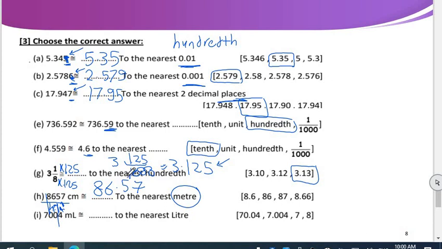So we ask 5 in tenth. 5, you are strong or you are weak? I am a strong number. So we add 1, 2 units. 86 becomes what? Super, 87. To the nearest meter, to the nearest liter, to the nearest pound, all of it means to the nearest unit. I want the whole number only.